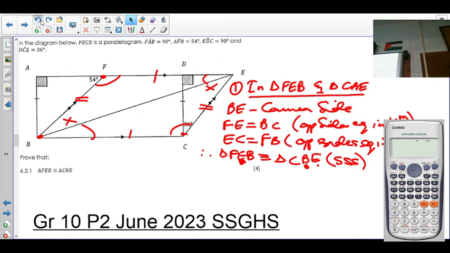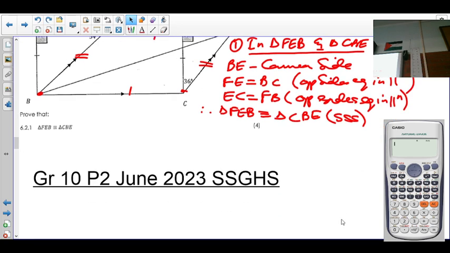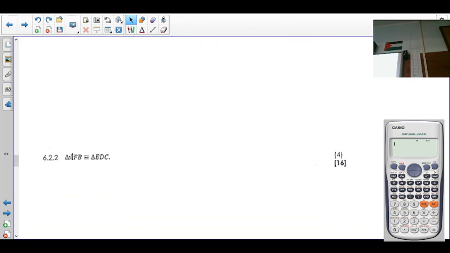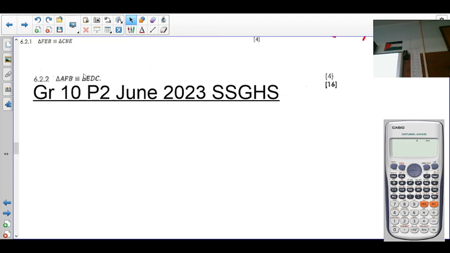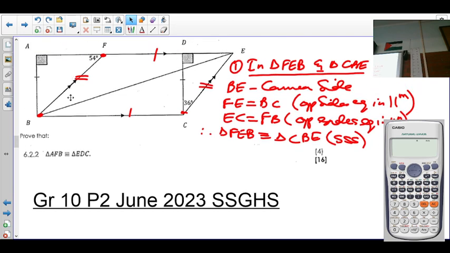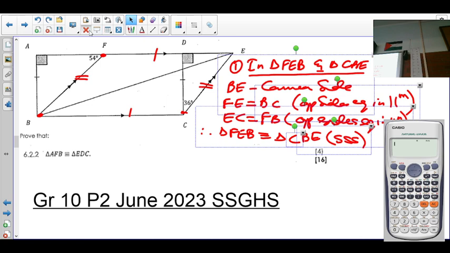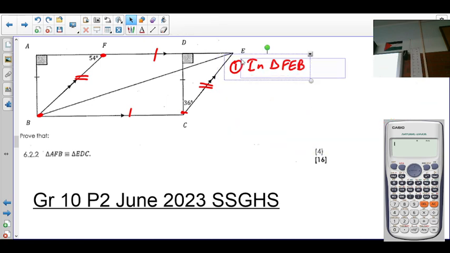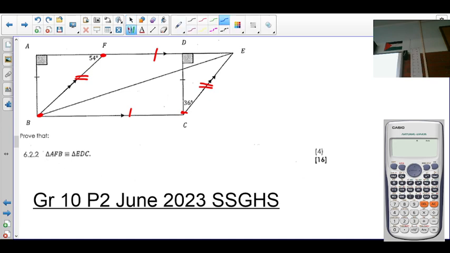Let's take that off. Okay, so that's where we stop. Then the next question says, another congruency question. Now we must prove that. So I'm going to take this off here because I need the space.